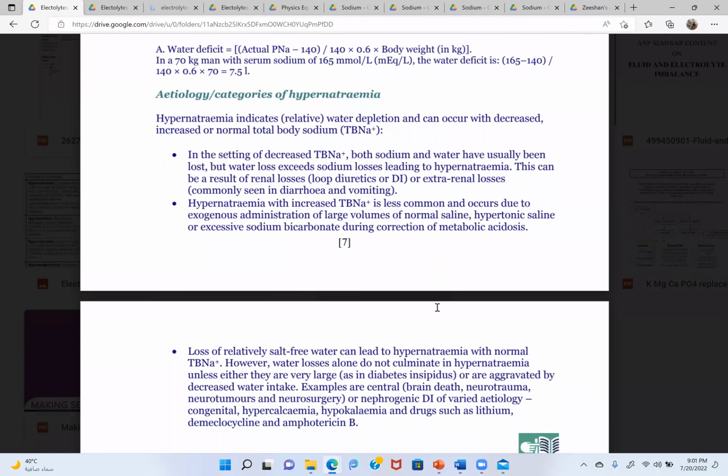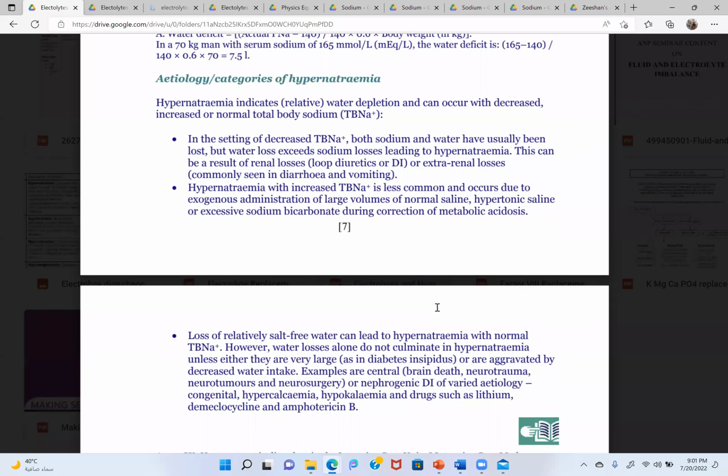Okay, hypernatremia with increased total body sodium is less common, and usually occurs where you are giving hypertonic saline or sodium bicarb. That's why I tell you, in ICU this is the most wrongly administered medication.